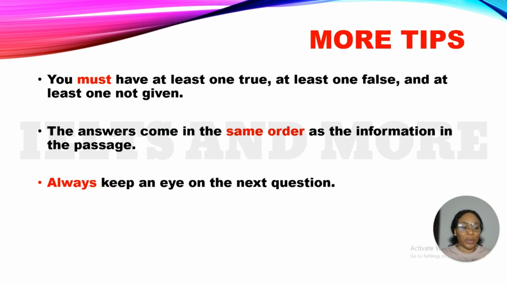I hope you are following. I hope you're following, because these are the little things that make the difference. Okay? You cannot see number one answer after number two answer. So if you're reading for number one answer and then all of a sudden you see number two answer and you're sure you've not seen number one answer in the area you've read, just confidently, quickly go and write not given for number one because it's not there.